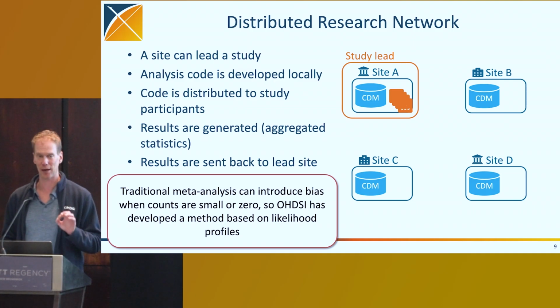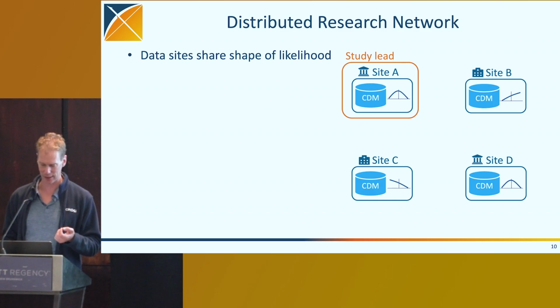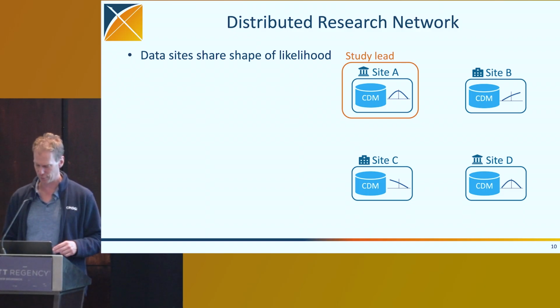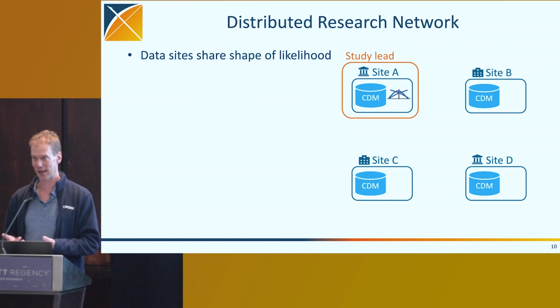But I just wanted to point out that we have thought about that in Odyssey, and we've developed a new technique called likelihood profiling, where it's not just the hazard ratio and its confidence interval that we're sharing, but we're actually sharing the full likelihood curve of a database. We aggregate those, and then we can still do a meta-analysis, but now we are not harmed by any bias caused by these small counts.